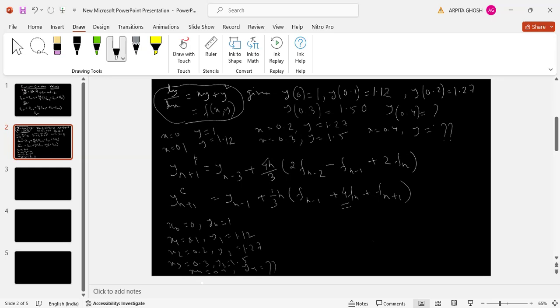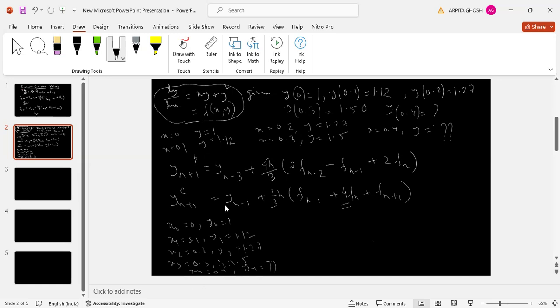First, see, our predictor formula is y(n+1) predicted equal to y(n-3) plus 4h by 3 into 2 into f(n-2) minus f(n-1) plus 2 into f(n). That is the predictor formula.